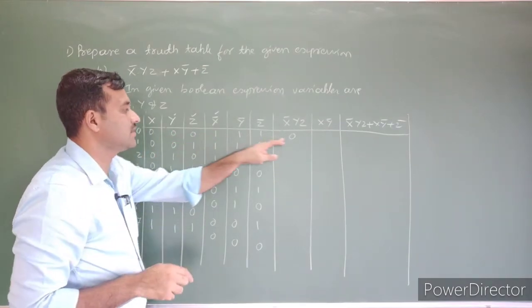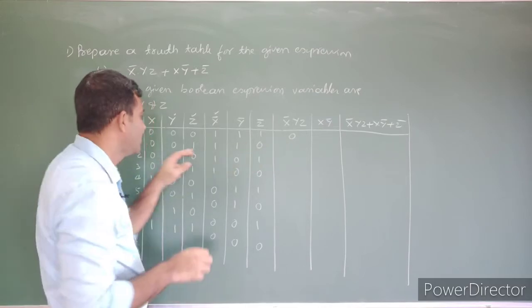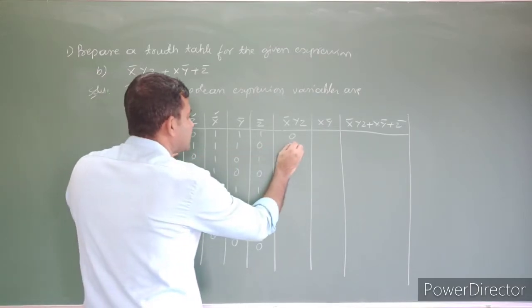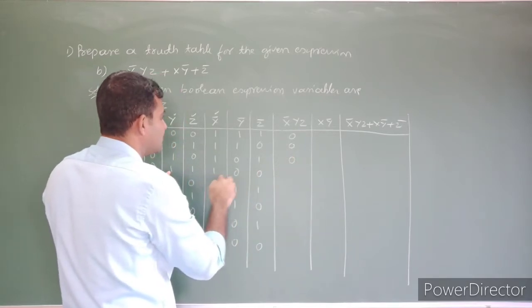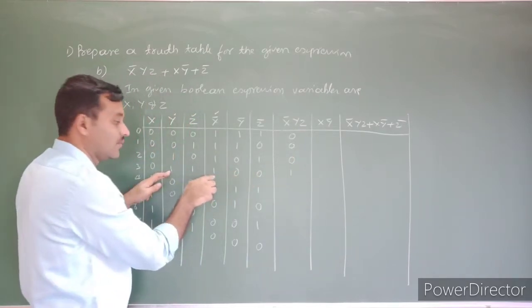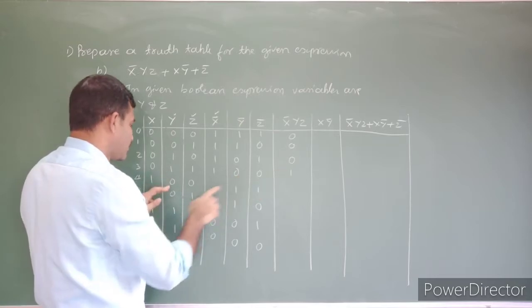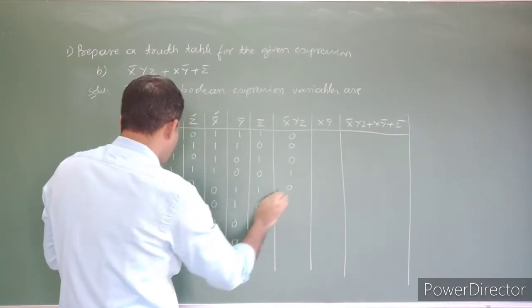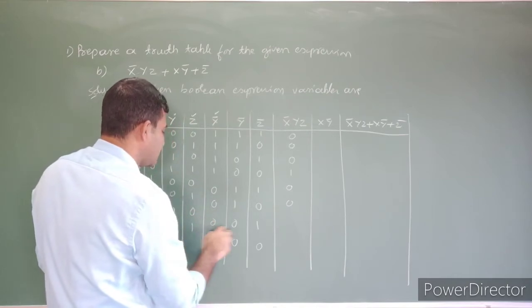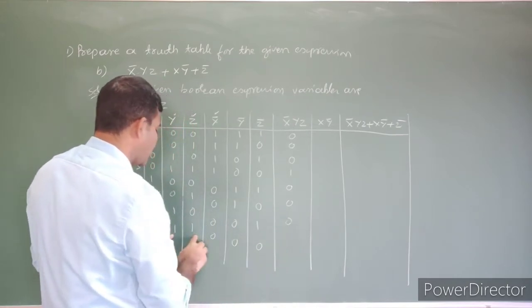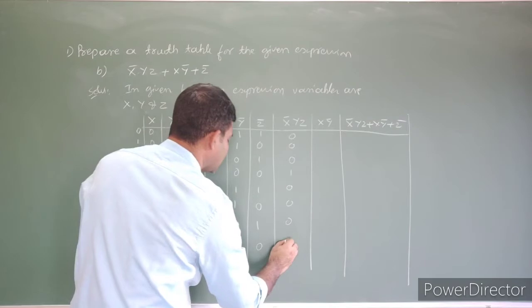Here 0, 0, 1, hence the output is 0. 0, 1, 1, again it returns 0. 1, 0, 1, it returns 0. 1, 1, 1, returns 1. All are ones, true, hence it returns true. Here it is 0, 0, 1, 0, again 0, 0, 1, 0, 0, again it returns 0, 1, 1, 0, again it returns 0.